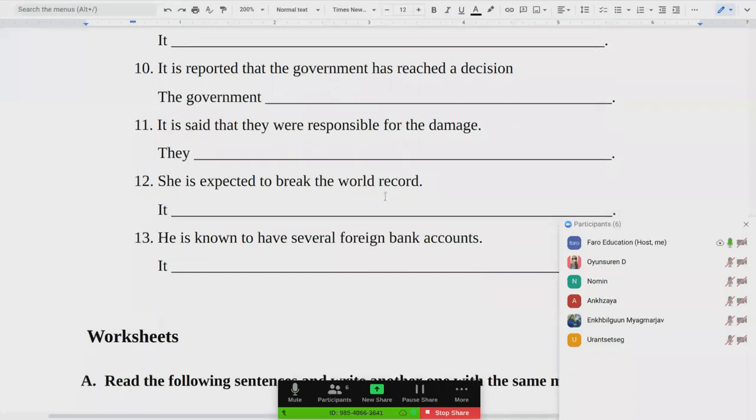11. It is said that they were responsible for the damage.